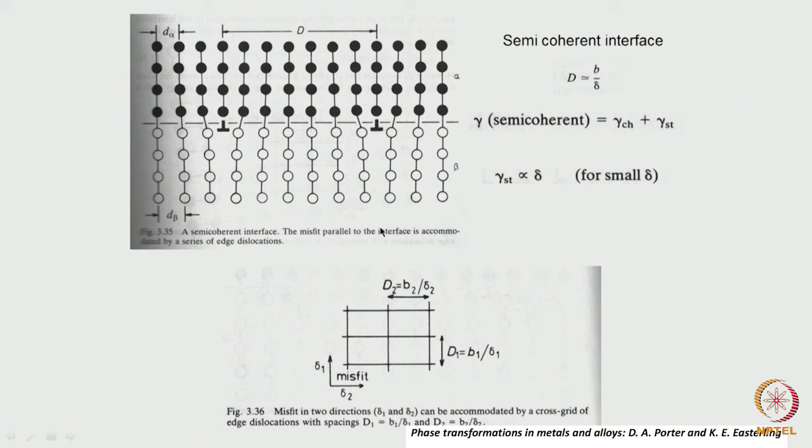The shape change we can calculate also, depending upon what the misfit is in the two directions, assuming this interface to be a simple cubic type of lattice. One can find out the misfit in these two perpendicular directions, and once we know the misfit, we can find out the separation between the dislocations also.